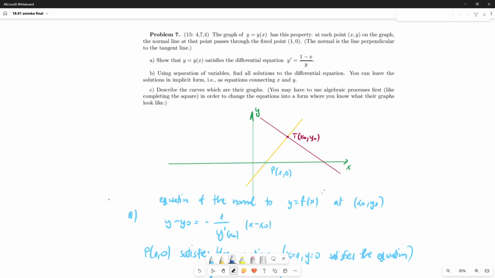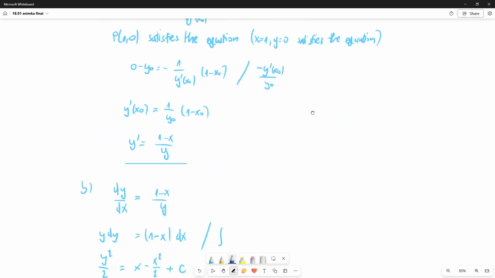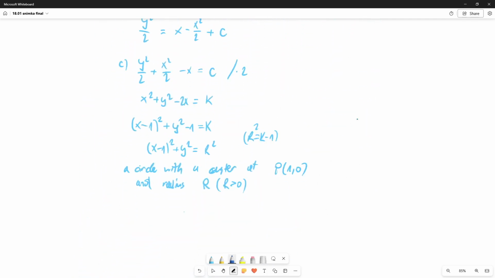Over here, its center is here at P, and it passes through the point T. And here is a sketch of one of those circles, but the answer is concentric circles.